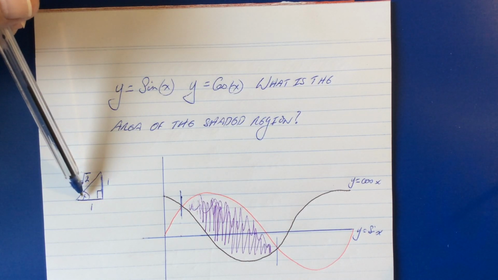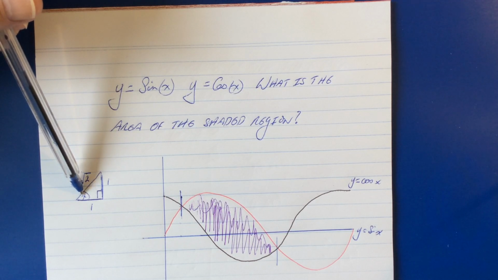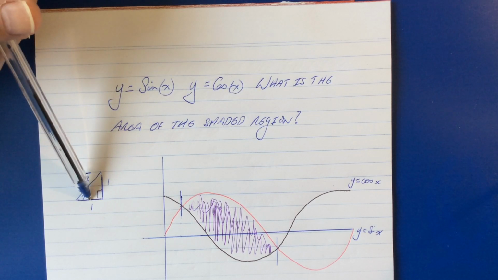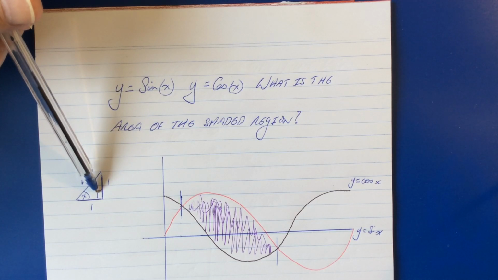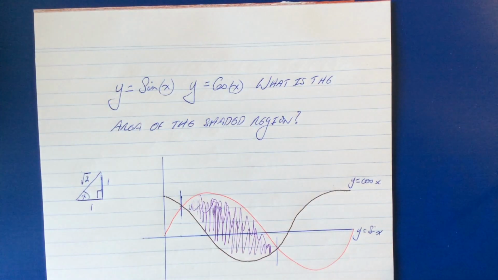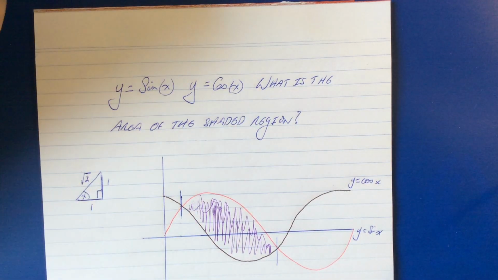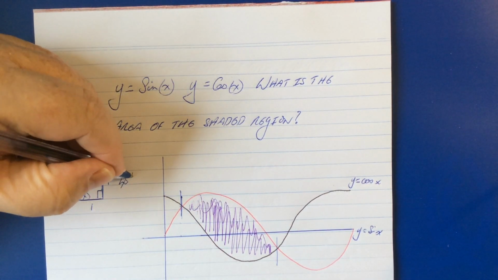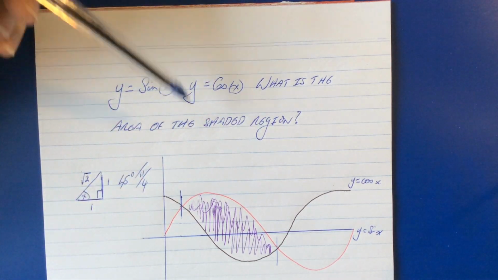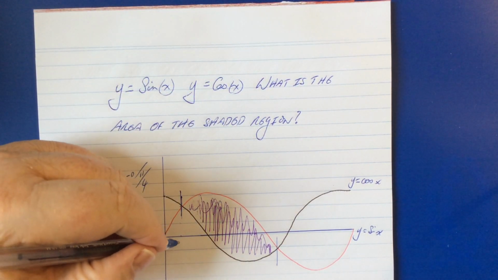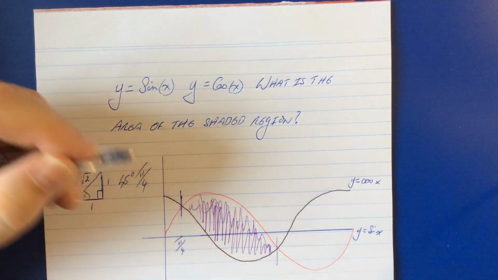So, what is this angle? Well, it's 45 degrees because we have an isosceles triangle here with a 90-degree angle in here. So, it is 45 degrees, or pi on 4. Now that is this point here on the x-axis, pi on 4.